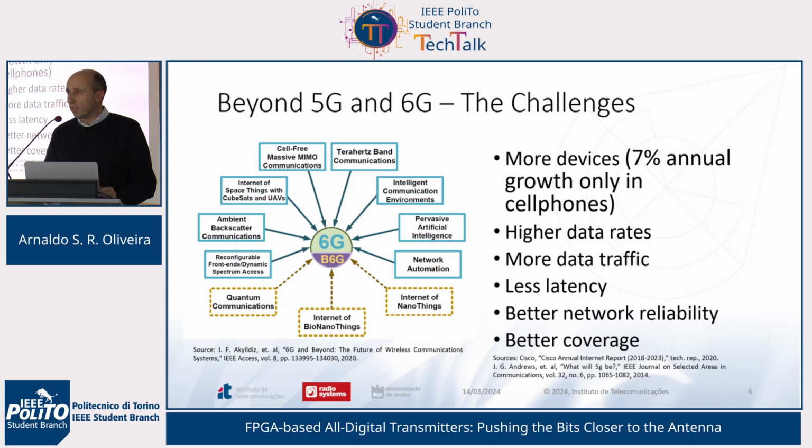For beyond 6G, even more advanced topics such as quantum communications, the Internet of Bio and Nano Things and other topics are also being explored. But the challenges for 6G are already large enough. Let's concentrate on them.